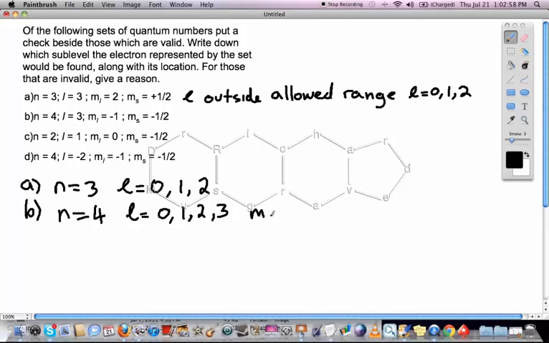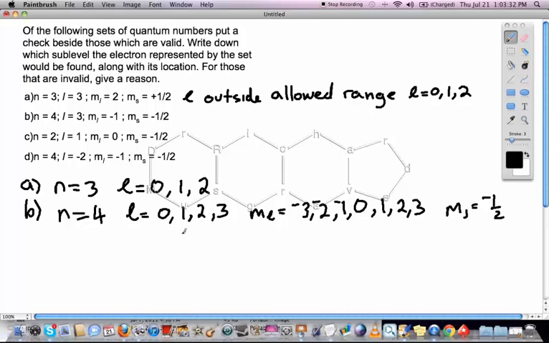Now M sub L can equal any value from negative L to plus L. Since L equals 3, M sub L can be negative 3, negative 2, negative 1, 0, 1, 2, or 3. And it is negative 1, so that seems to be okay. And M sub S is negative a half, and that looks to be okay as well. So what we have for part B is a valid set.